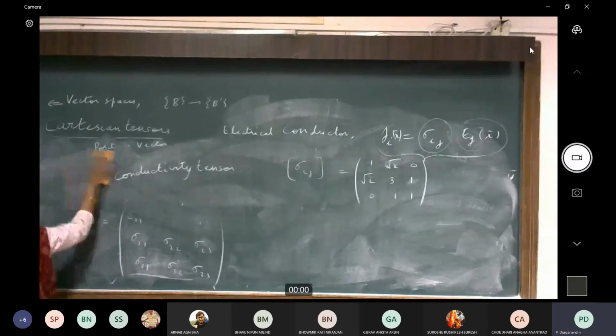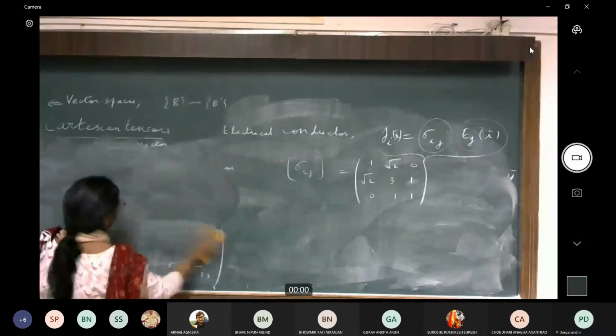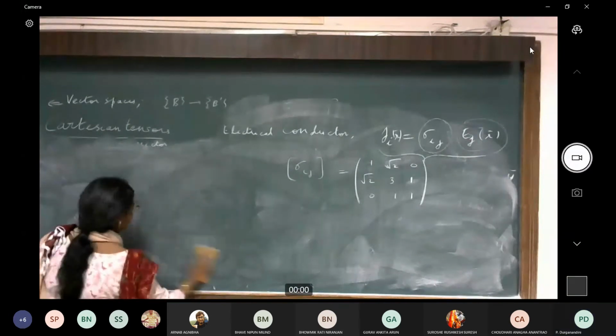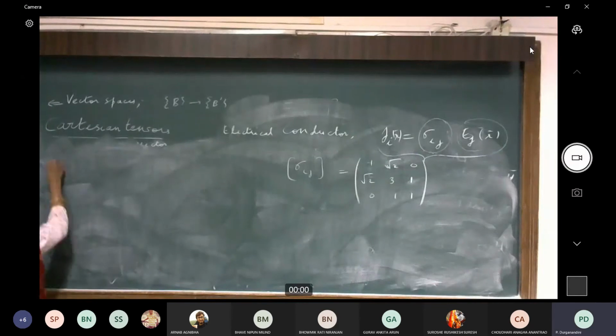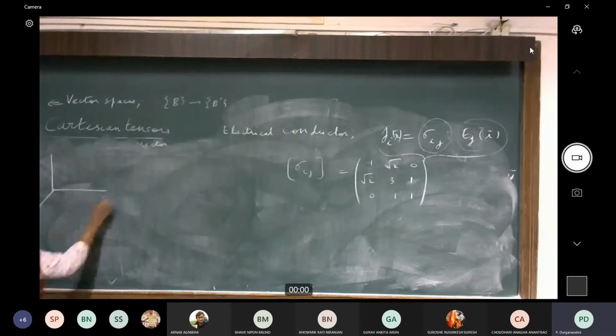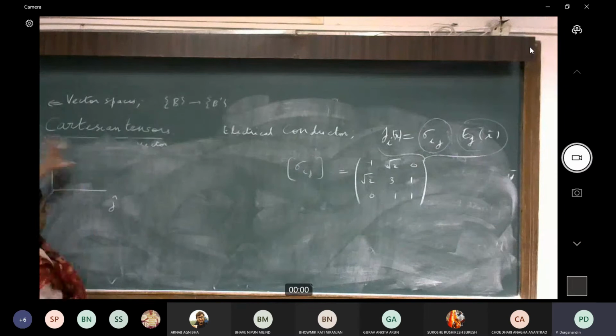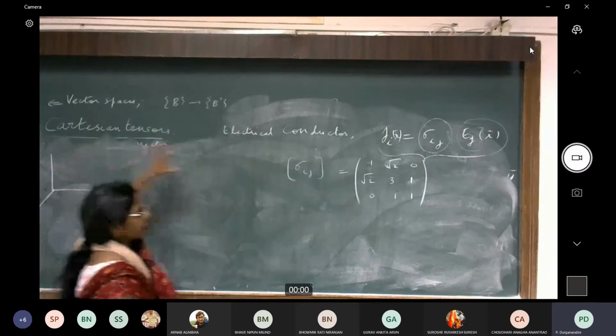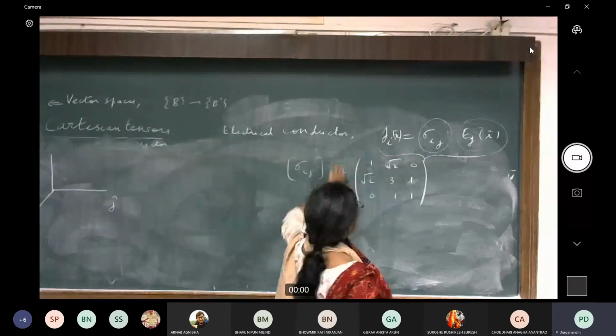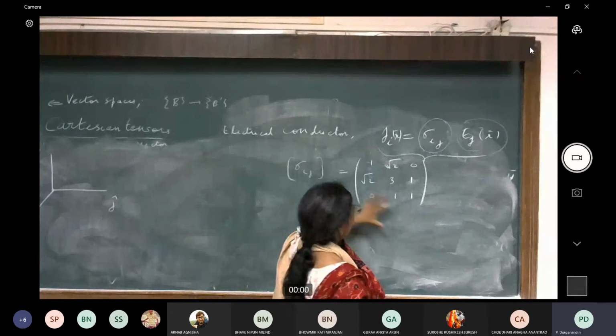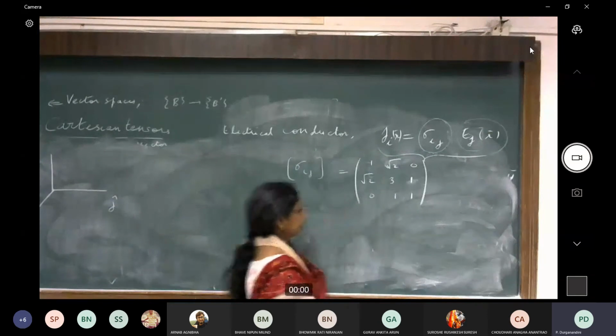So let's write it properly. I have taken my material, chosen some particular set of axes for the coordinates. So the XYZ axes are chosen in some particular fashion. With respect to those axes, I've applied the electric fields, and then I've got this sigma, the conductivity coefficient tensor, in this fashion.